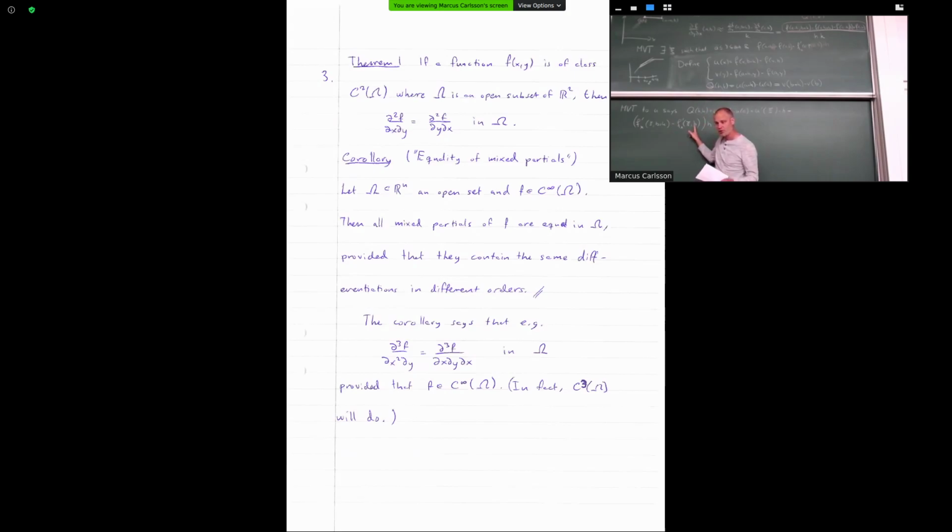But then I can use the mean value theorem again, right? This time I use the mean value theorem on the function y maps to f, the first derivative, evaluated at psi comma y.